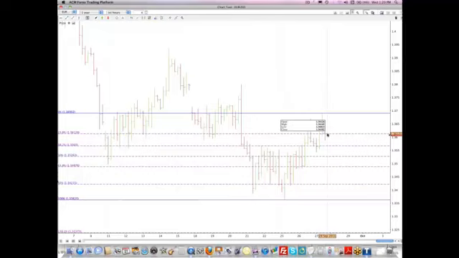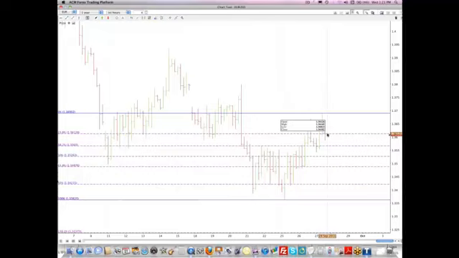So we're going to take 1.3610, which is the open of this bar, and add 0.0013 to it. Then 1.3610 plus 0.0021. Same thing, 1.3610 plus 0.0035. 1.3610 plus 0.0046. We're going to add this all to the open.